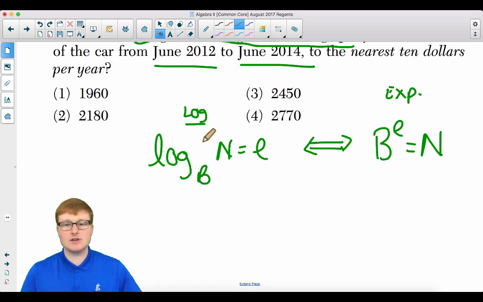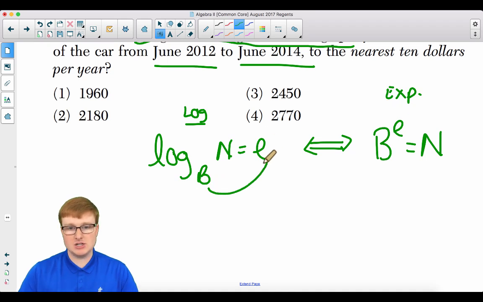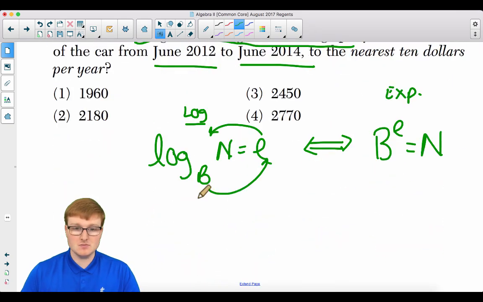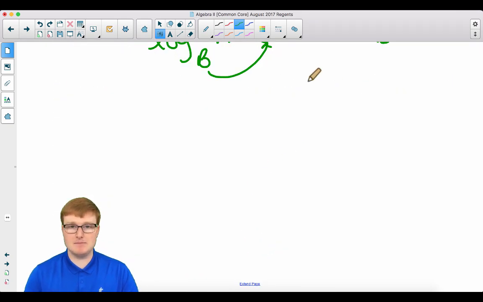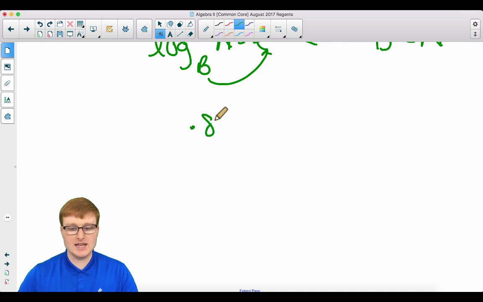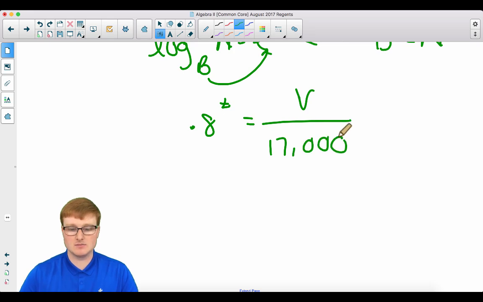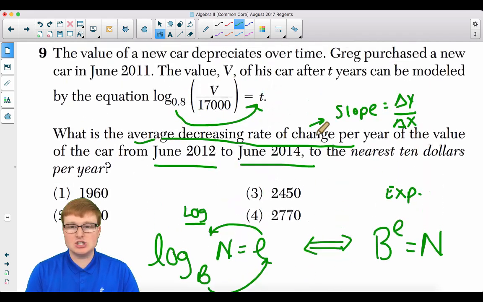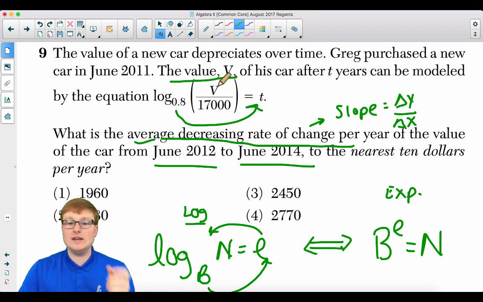We could easily write this in an exponential form just by doing the log loop: b raised to the exponent is equal to the number. So when I rewrite this in exponential form, we have 0.8 raised to the t is equal to V over 17,000.